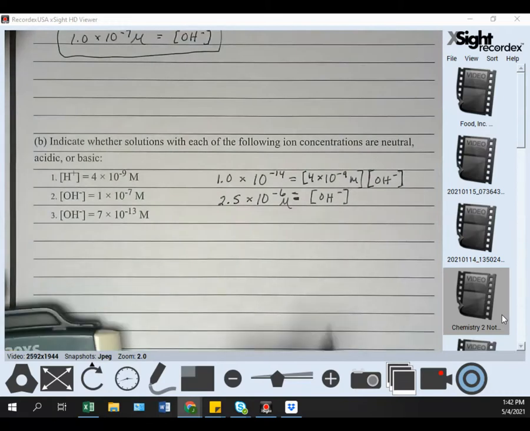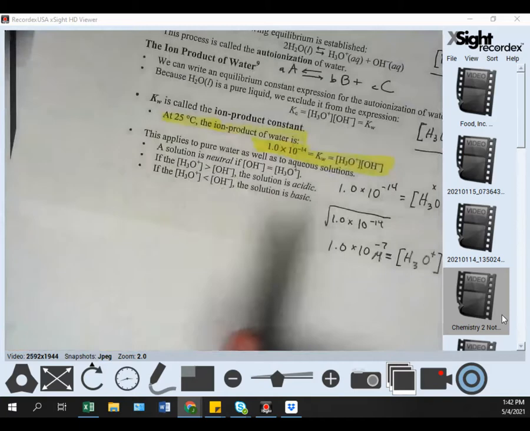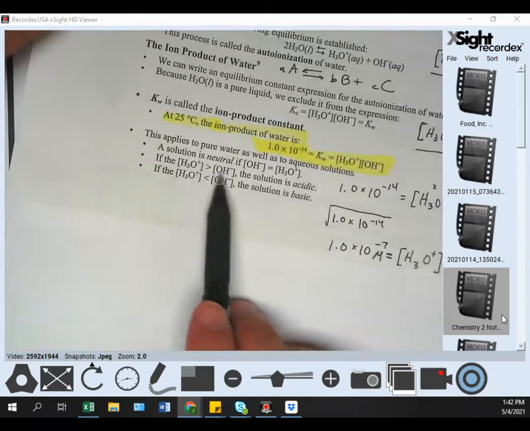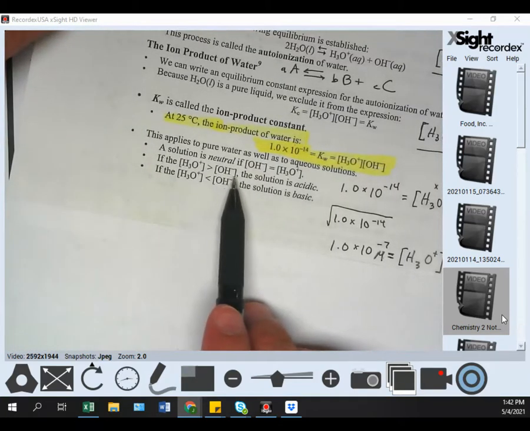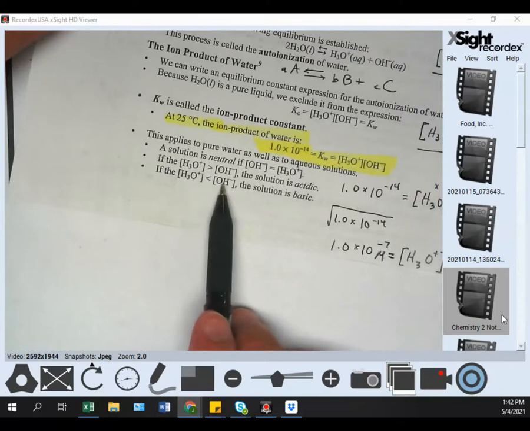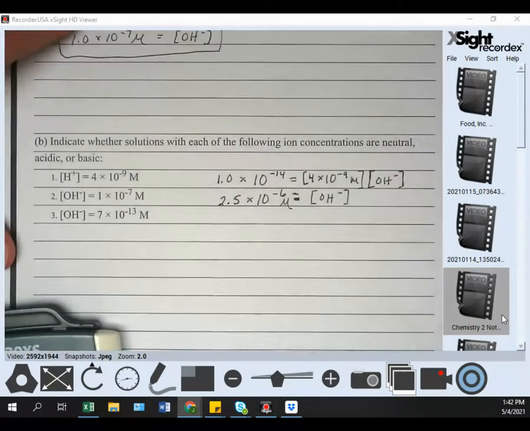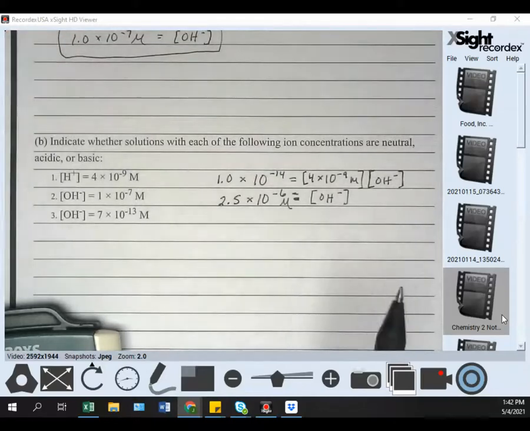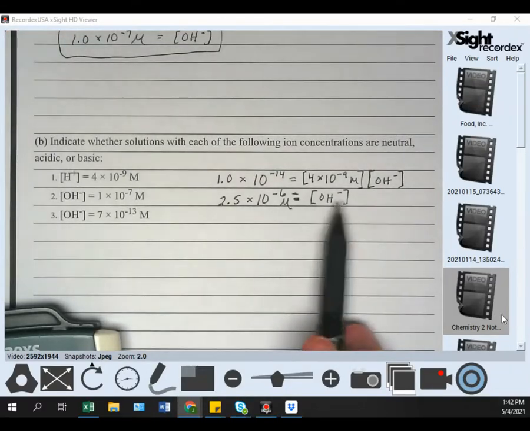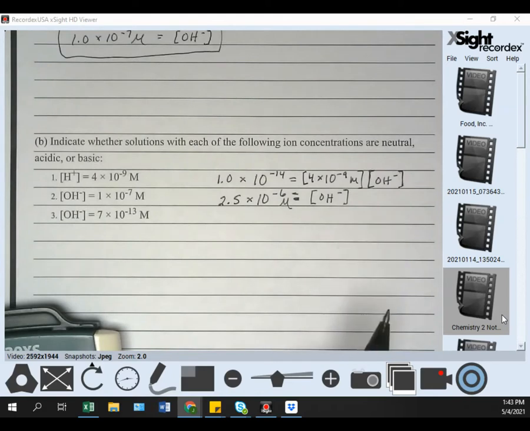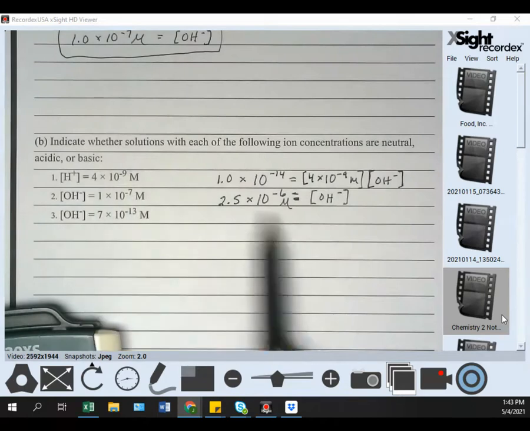So now remember what I was saying here. If the hydronium concentration or hydrogen concentration is greater, it's acidic. If the hydroxide concentration is greater, it's basic. So this one would be, which one is greater? You got to be careful because of the negatives and the exponents. So technically, which one would be greater? The hydrogen or the hydroxide?